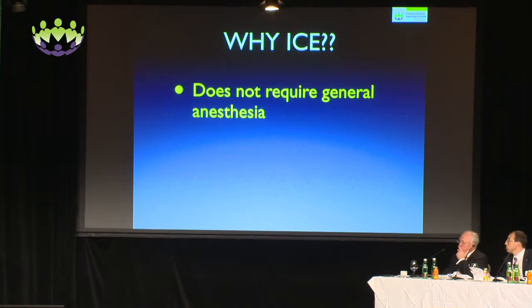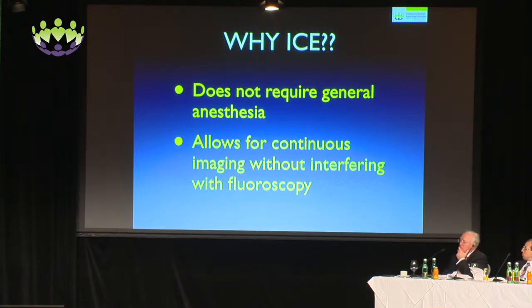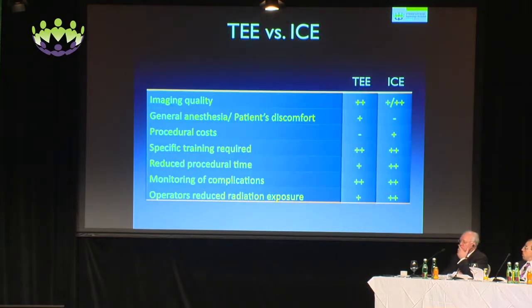Okay. In the next slide, I will try to convince you that the ICE is a good option. Why the ICE? Because the ICE doesn't require general anesthesia, it's less discomfort for the patient, and because the ICE allows for continuous imaging without interfering with the fluoroscopy. In this slide, I try to compare the advantages and the disadvantages of the ICE versus the TEE.